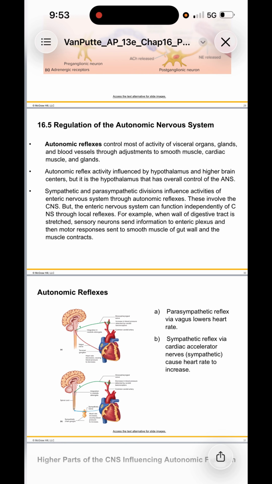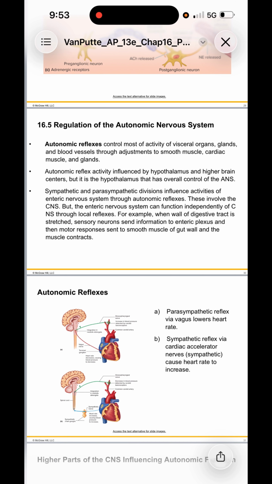Sympathetic and parasympathetic divisions influence activities of the enteric nervous system through autonomic reflexes. These involve the CNS, but the enteric nervous system can function independently of the CNS through local reflexes.